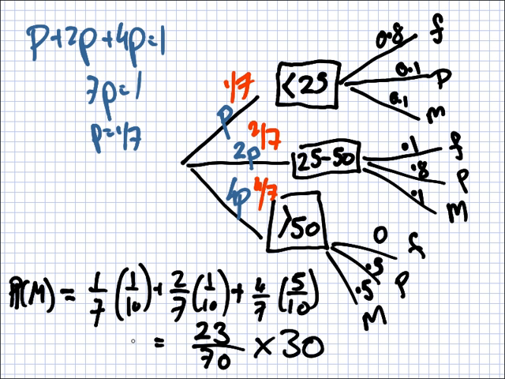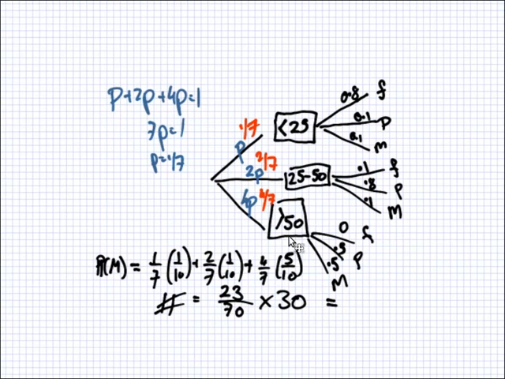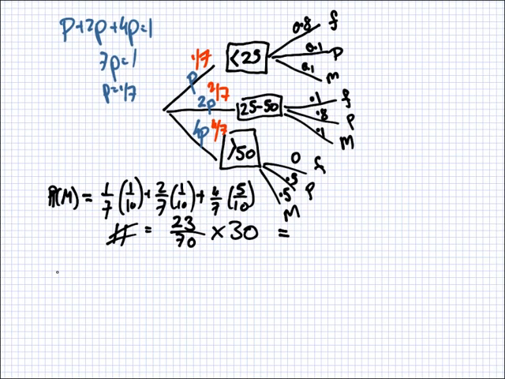So this is the number of students. What is that there? If you can type that in, please. You want a fraction? No, because it's people. Give it to me as a decimal. 9.85. Okay, so I'm going to say roughly 10 people.